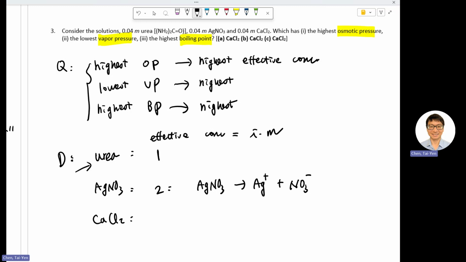That means on your right-hand side, the net charge also needs to be equal to 0. That's why I write Ag plus and NO3 minus. 1 plus, 1 minus, they cancel out. It's neutral as well. Since you have 1 cation and 1 anion, you get 2 solute particles. So that's why you get 2.